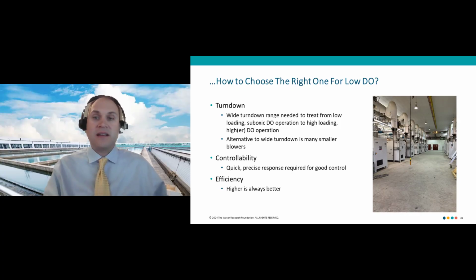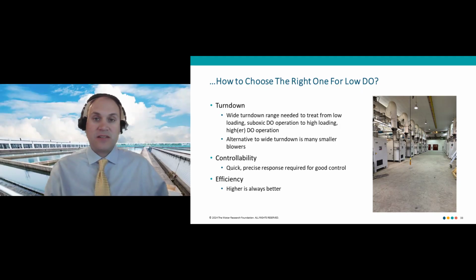Keep in mind that you have to meet both present-day low loading, potentially low DO concentrations, and in the future, you might want to go back to higher DO operation, and also high loading, high flows, high concentrations, 20 years in the future for design. So you need a blower system that can cover all that.